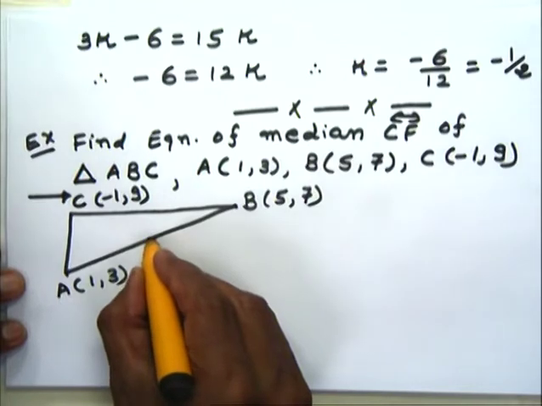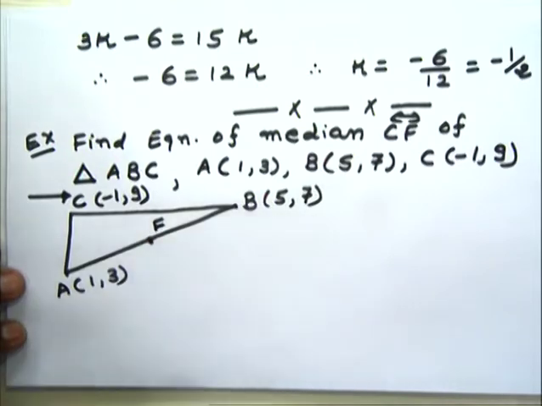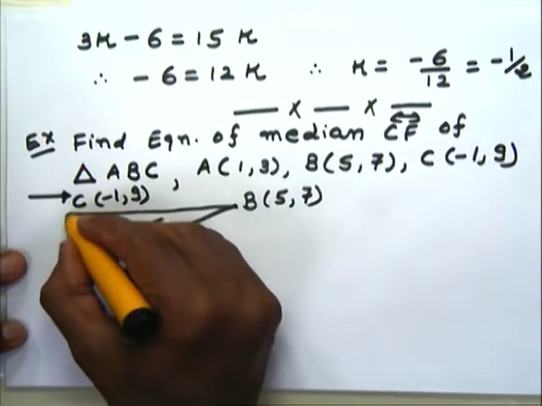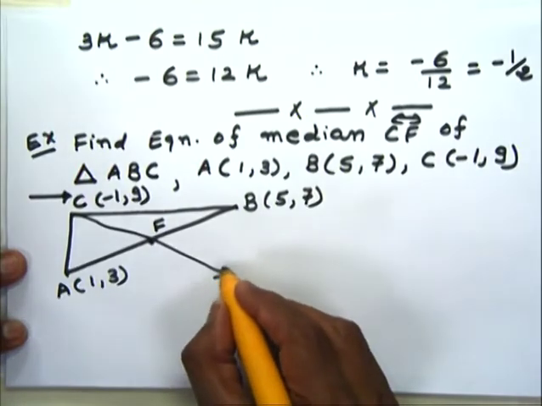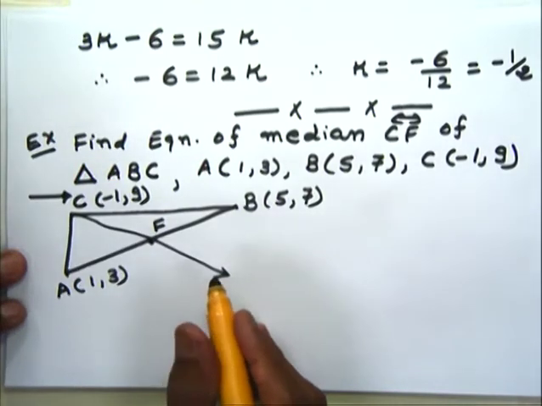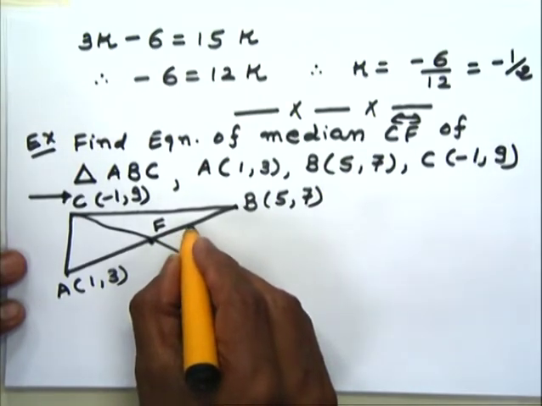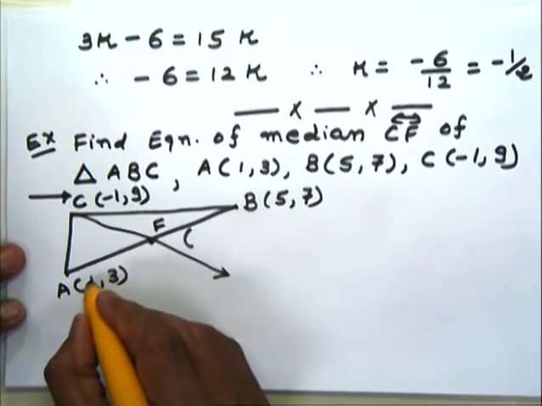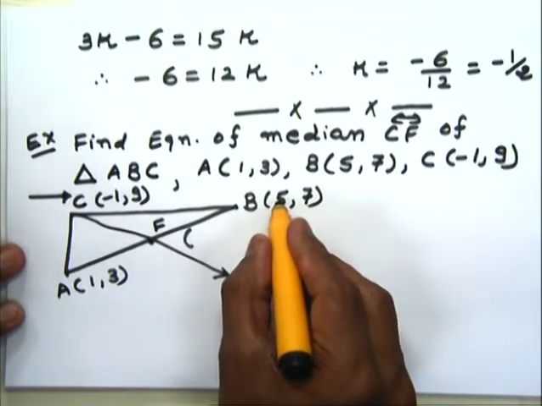Midpoint of AB, let me call it F. What we require is the equation of this line, which is median CF. Considering the concept of a midpoint, it is nothing but the average of the coordinates.